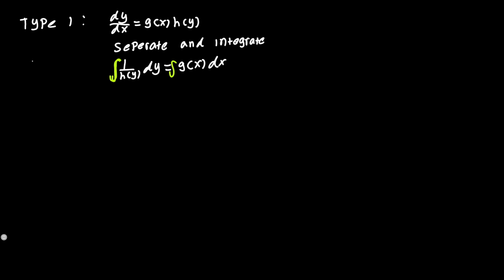And the second type is type 2: first order ODEs which are linear. So we have y prime plus p of x y is equal to q of x. And the method we usually use to solve this is called the integrating factor.